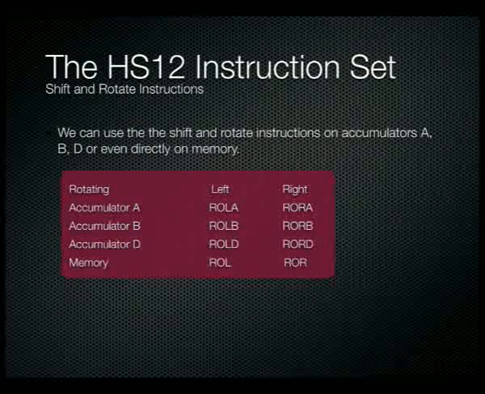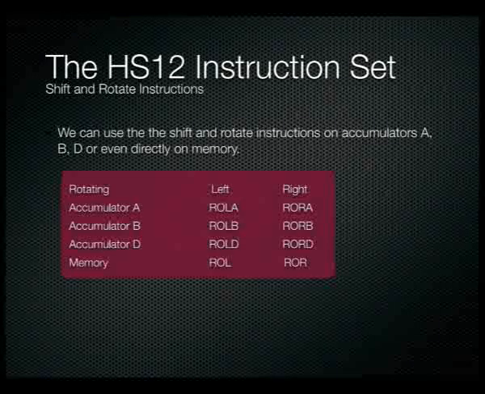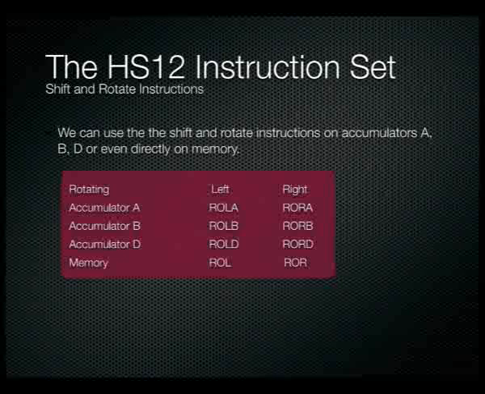But of course, as I said before, when you're doing shifts, after 9 shifts you've shifted that value off the register, and because it's padding with 1s or 0s, you're going to end up with either 0 or -1. If you're doing a logical shift, after 9 logical shifts you simply have 0 on the register because you've been 0 padding the front.